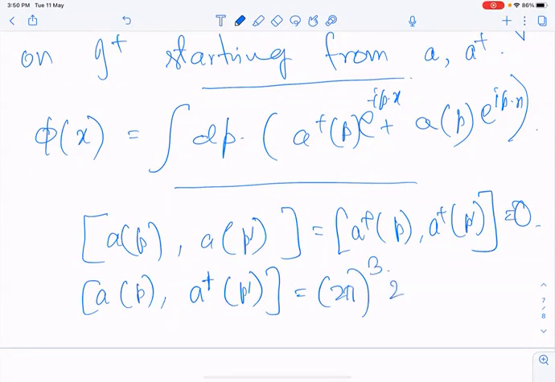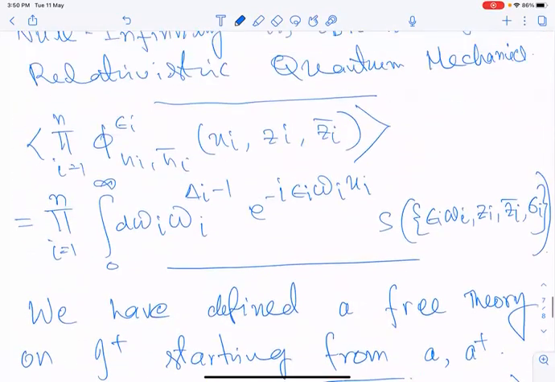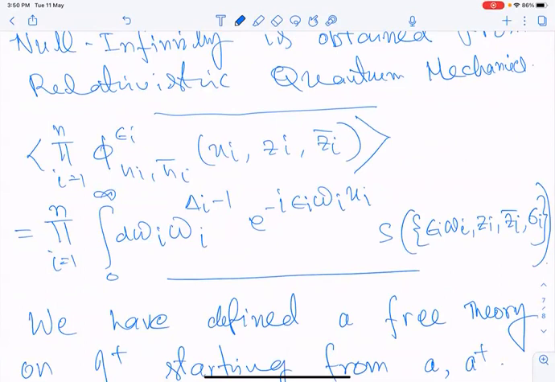Yeah, that is this object which I have here. Okay, so this is a correlation function in the interacting theory, you can say, on scri plus.